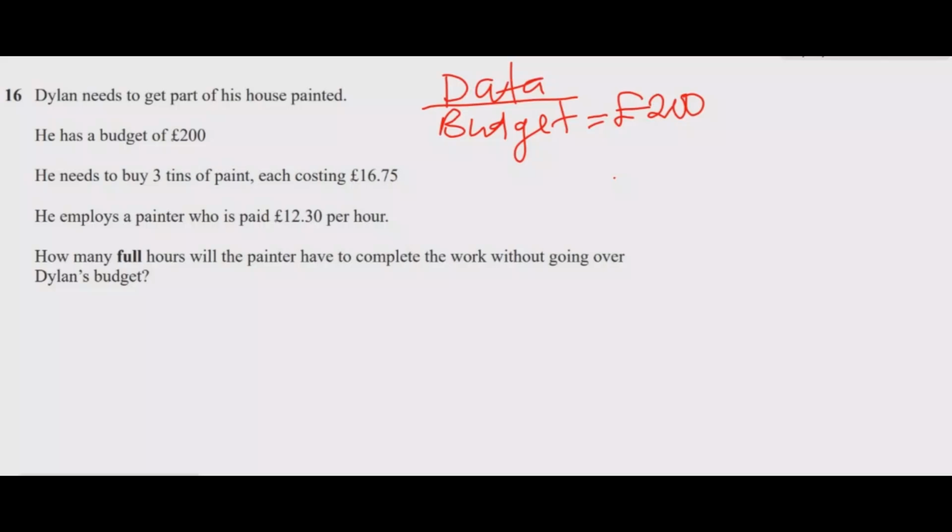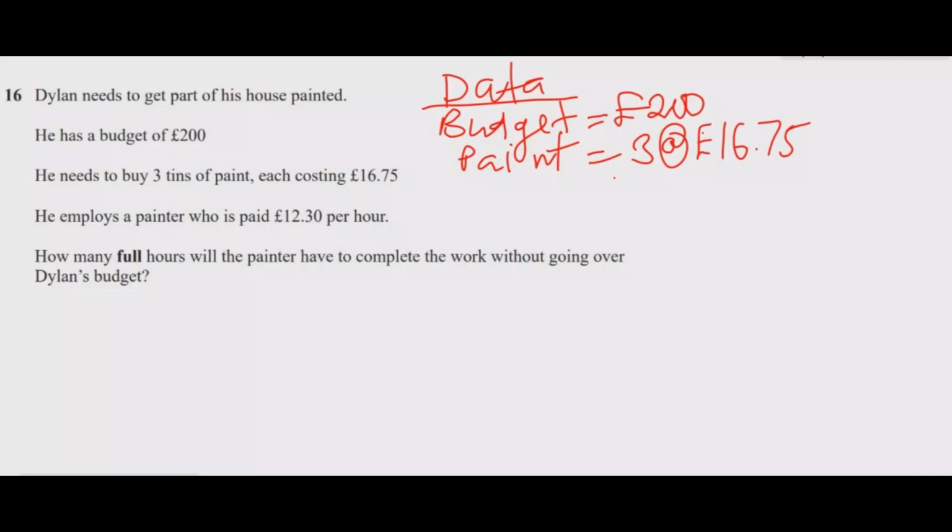Then he has to buy paint. Within this £200 budget, he has to buy paint. For the painter to start working, paint should be available, so he has to buy paint before the work gets started. So he wants to buy 3 tins of paint at £16.75.